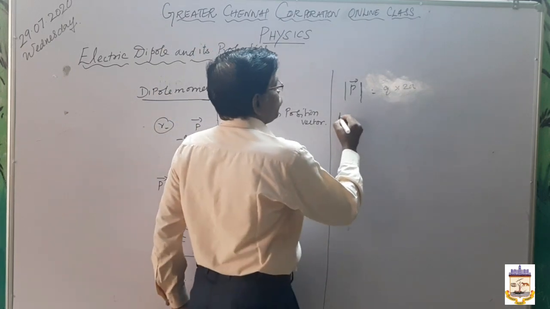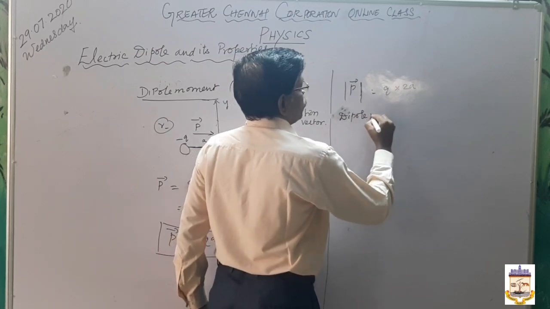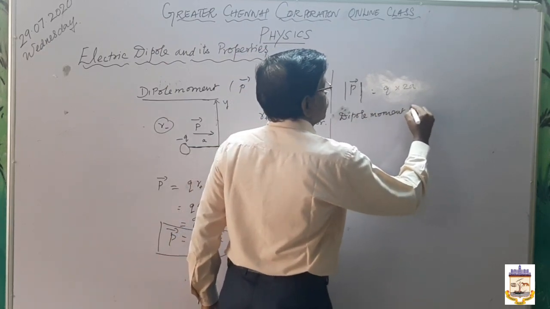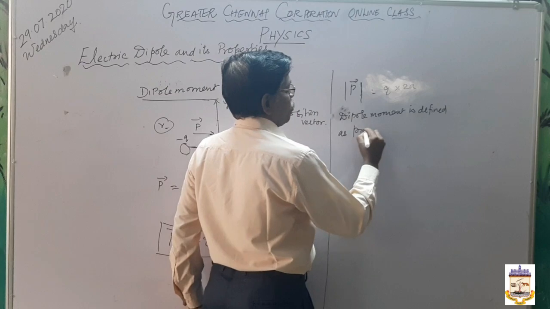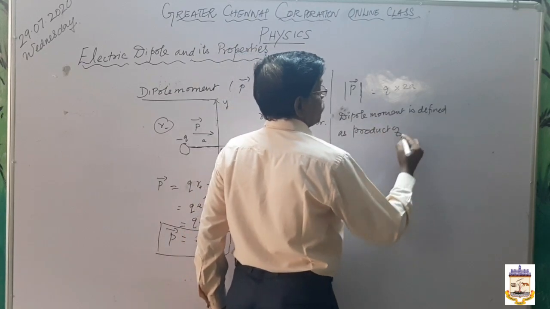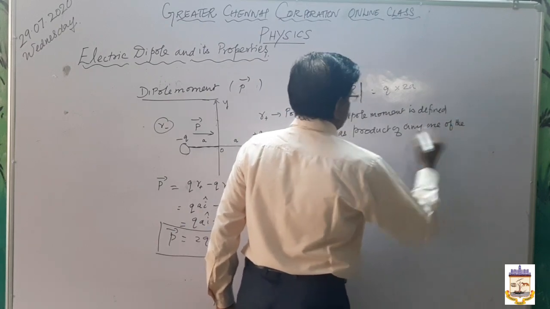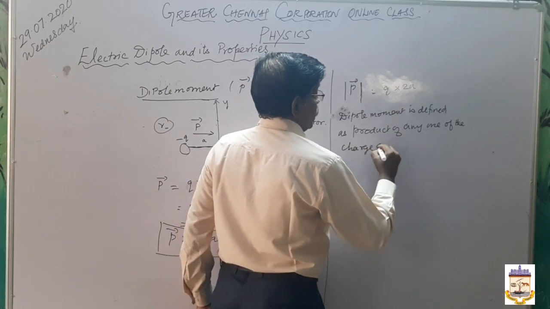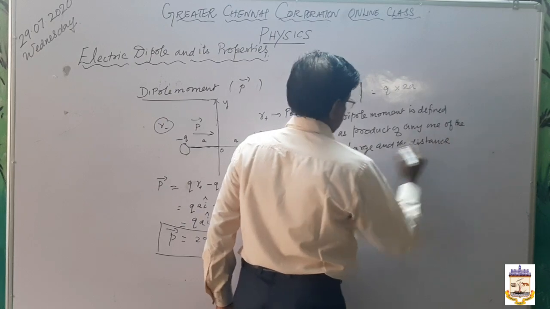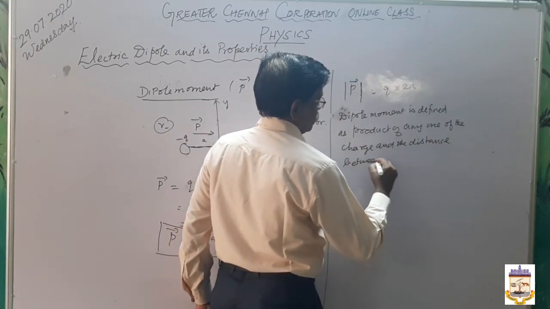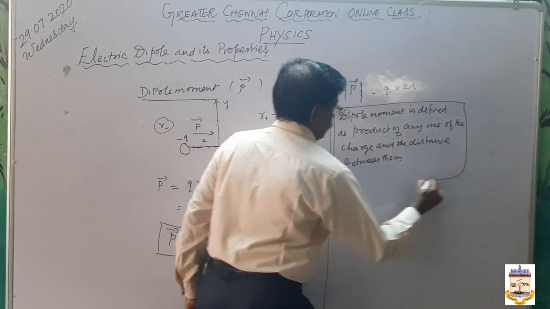So dipole moment is defined as the product of any one of the charges and the distance between them. That's all. This is the definition of dipole moment.